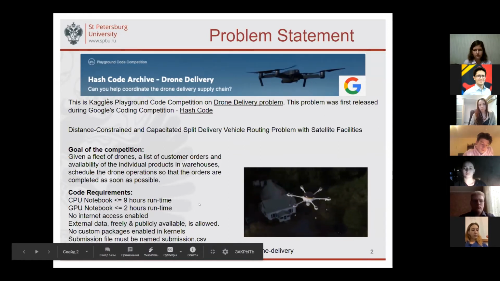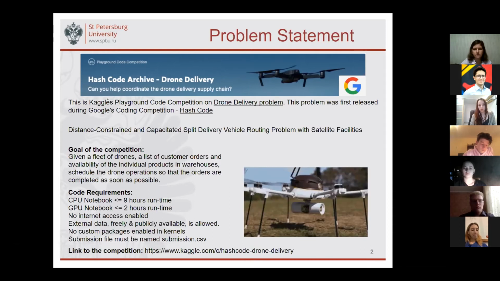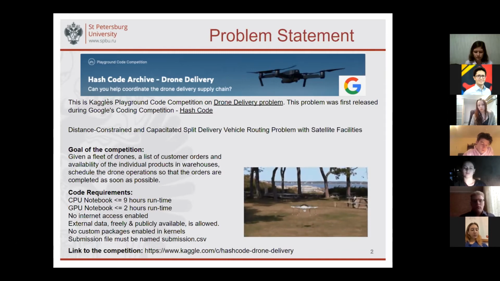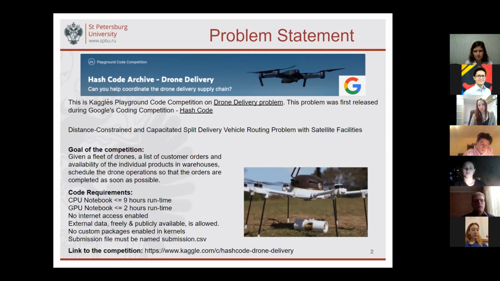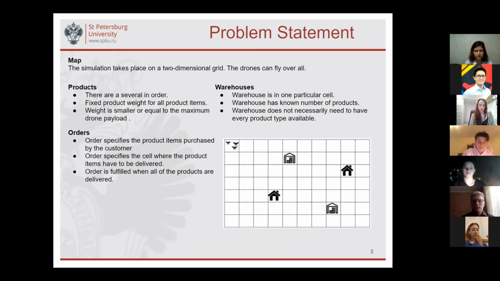We have a fleet of drones, a list of orders, and products in warehouses, and we must complete orders as soon as possible. Let's state the problem. We have a map. It is a two-dimensional grid.